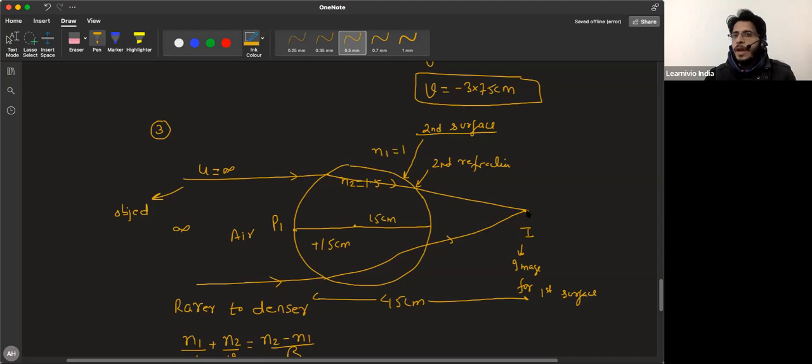This image here will act like an object for the second surface. So for the second surface, it's 45, this is 30, and this is 15 centimeters.